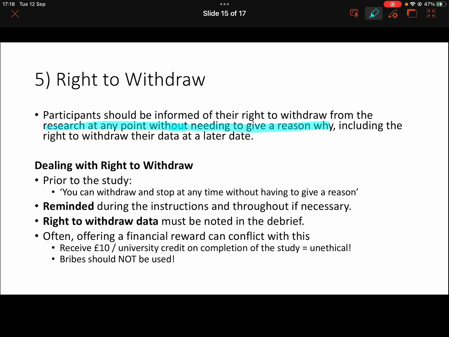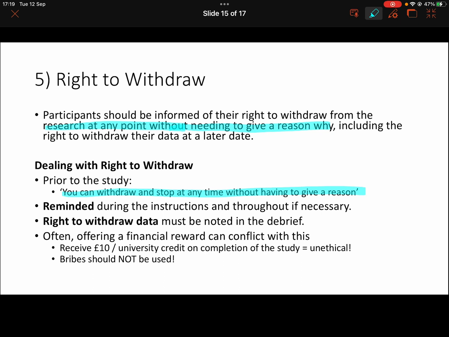So how do we make sure that we adhere to this guideline? How do we deal with the right to withdraw? Before the study, we tell them, you can withdraw from this point at any time, even after the conclusion of the study. You can withdraw your data. Now, once the data is published, once we've actually published our research, it's a bit too late.